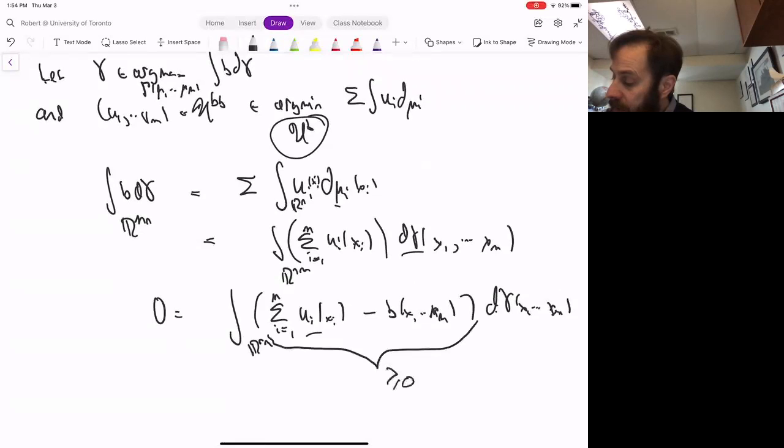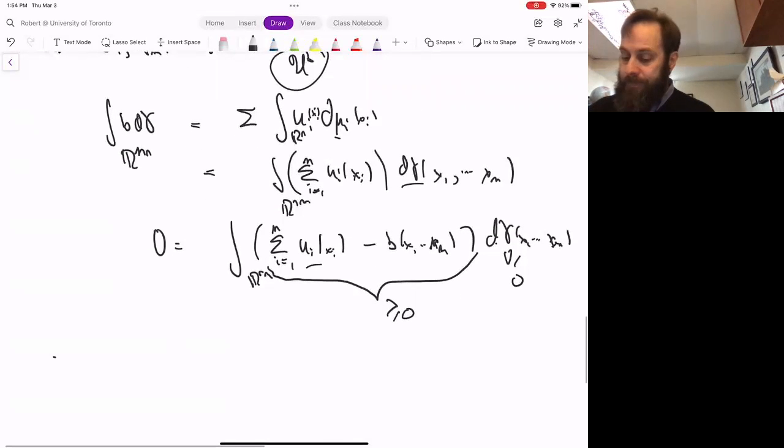So the integrand is non-negative. I'm integrating against a non-negative measure and getting 0. And so this non-negative integrand has to vanish gamma almost everywhere. So it has to attain its minimum gamma almost everywhere.